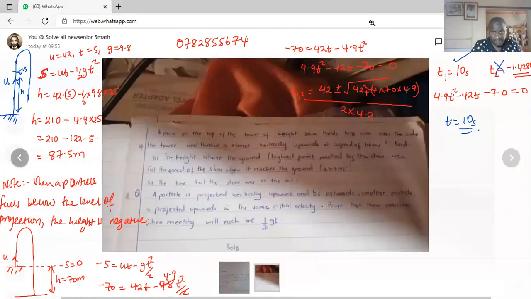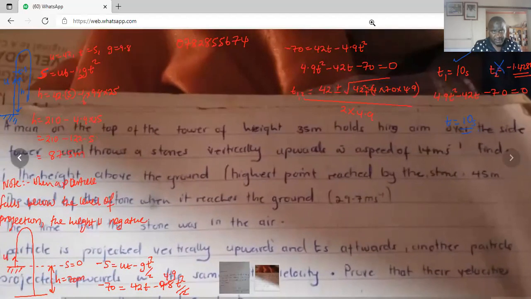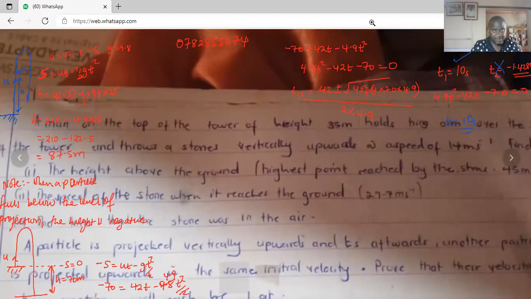So there is a next number here which I want us to look at. How have I enlarged it? How do I go back?